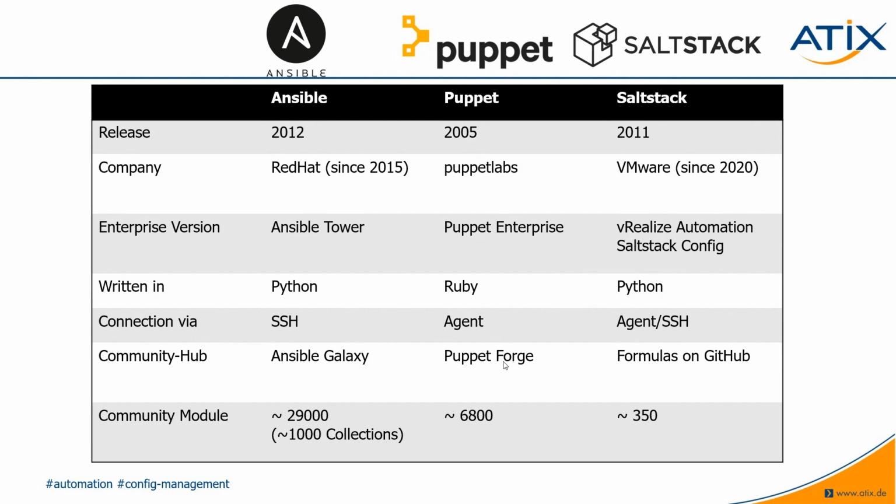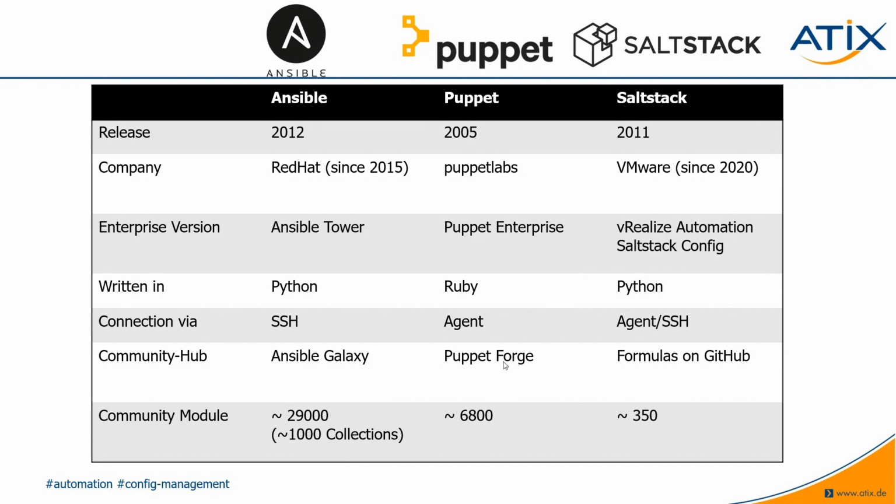Puppet has an agent installed on every system, and this agent periodically asks the master. So there's one master server, and it asks, how should I be configured? And it sends some information on the host which it's running on, and the master compiles all the configuration, gives it back to the agent, and the agent checks if there are any changes to be performed, and if so, it performs them.